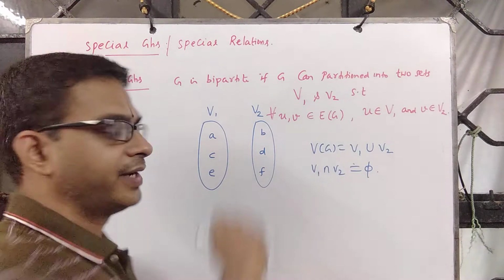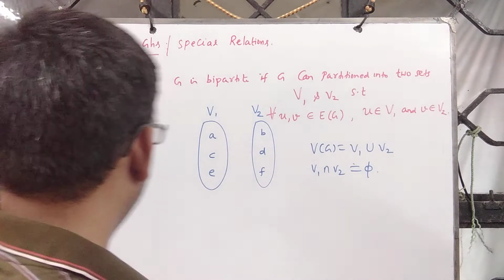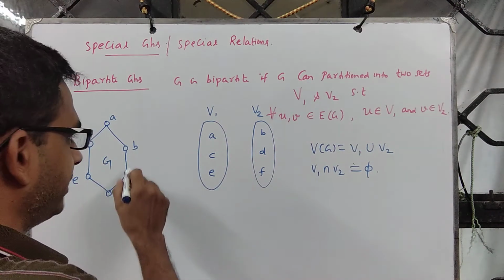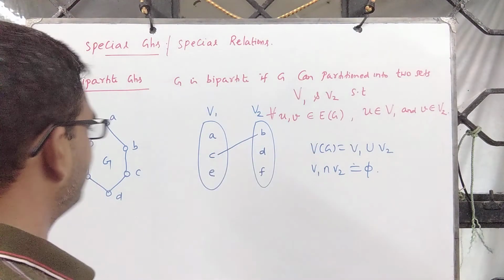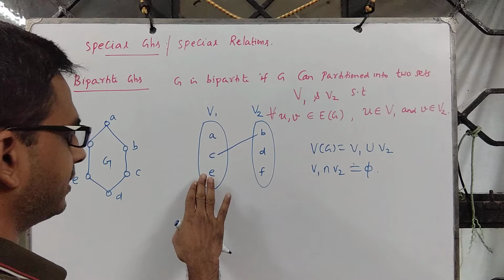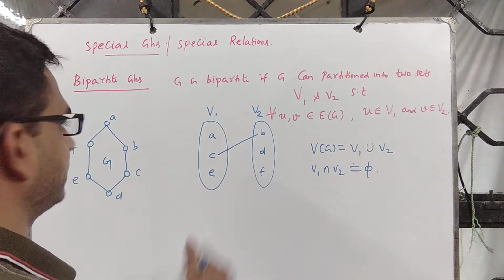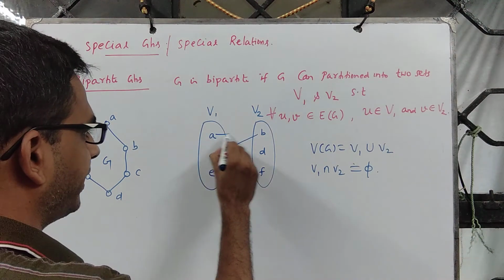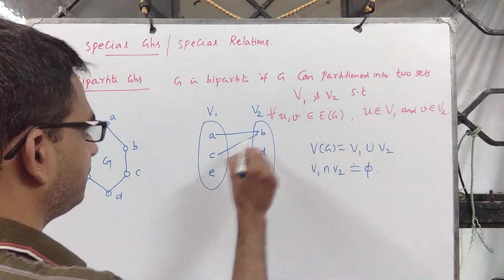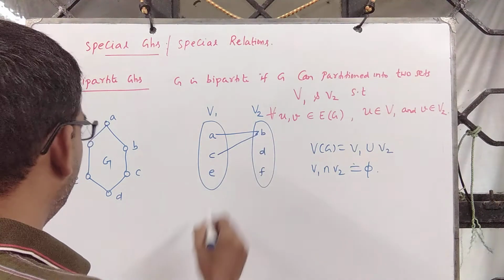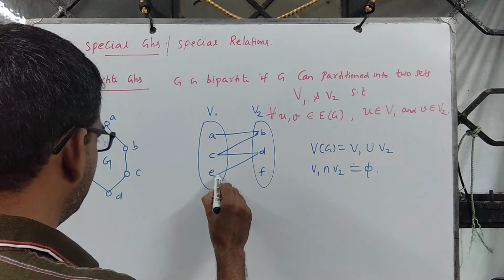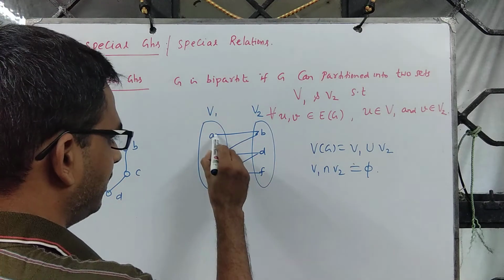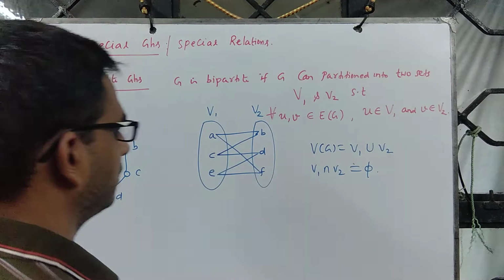Then the edge constraint is, you choose any edge, say BC, you see that it is from V1 to V2, or one endpoint is in this partition, the other endpoint is in this partition. Look at AB, AB is like this, and CD is like this, DE is like this, EF is like this, then AF is like this.